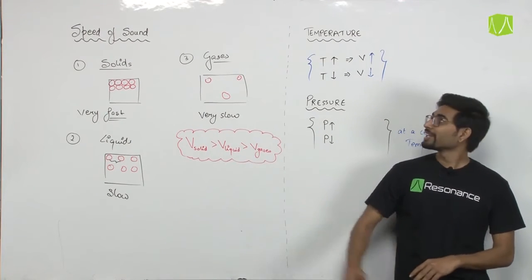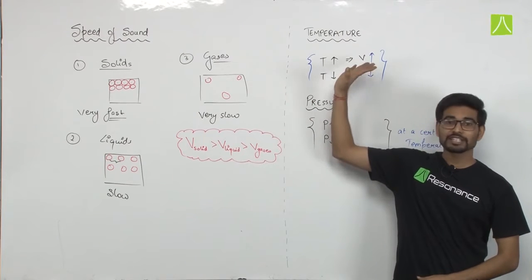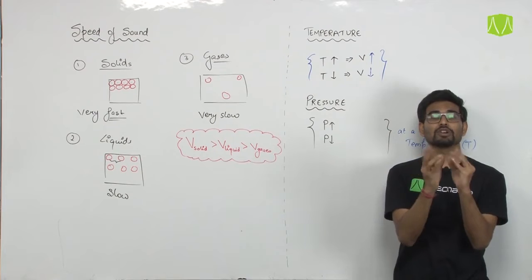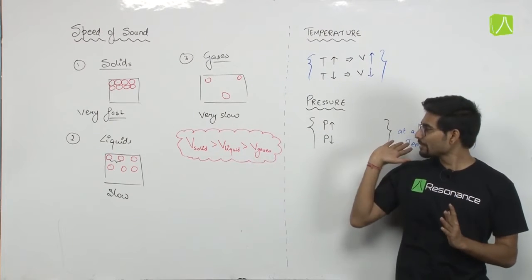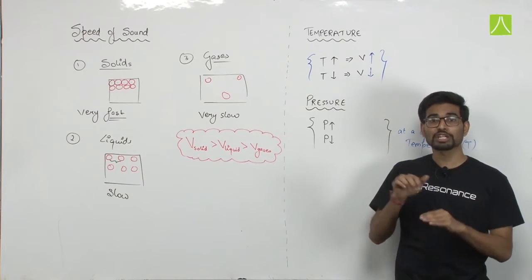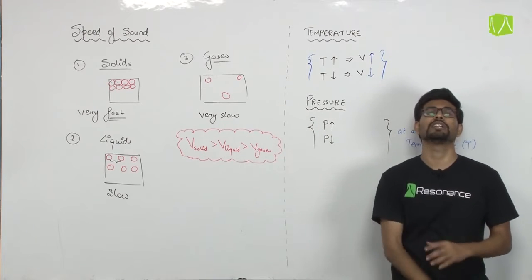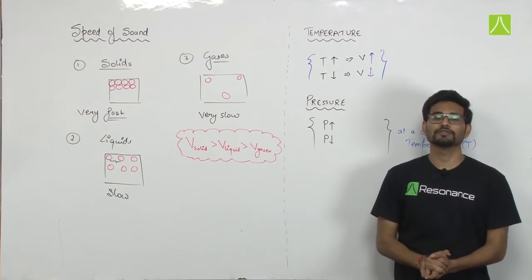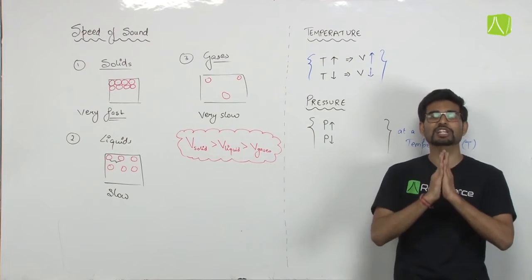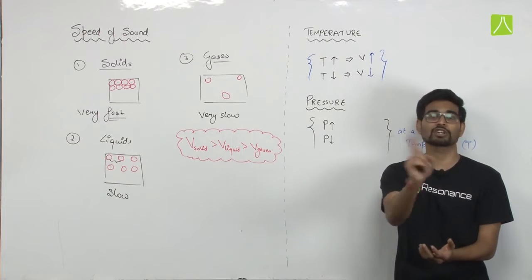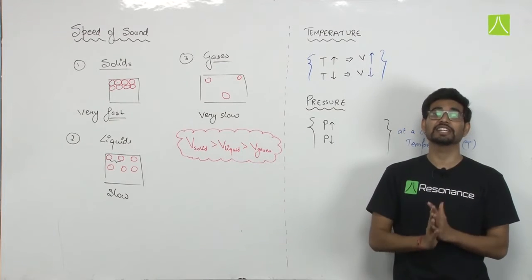See, on increasing temperature, the speed of sound increases. On decreasing temperature, the speed of sound decreases. But अगर मैंने temperature constant कर दिया, कुछ T temperature लिया जो constant है, अब मैं pressure को increase या decrease करूंगा तो speed of sound पे क्या फर्क आएगा? There will be no effect on the speed of sound. आप चाहे pressure बढ़ा दें या कम कर दें, एक particular temperature पे, मैं वापस बोल रहा हूं, temperature से हम कुछ भी छेड़खानी नहीं कर रहे.